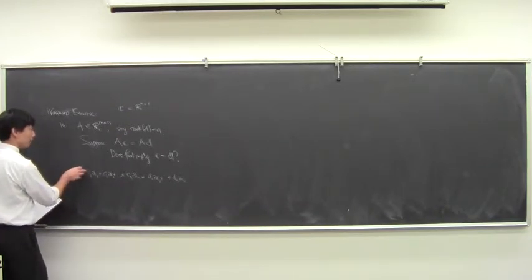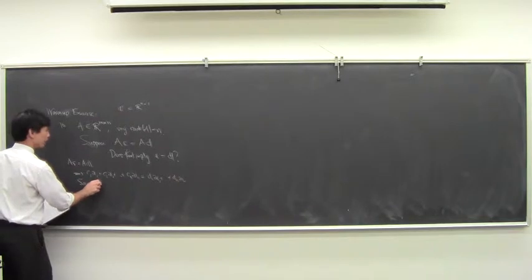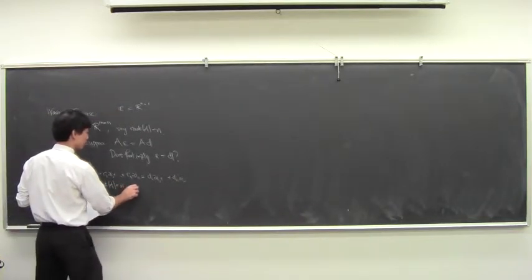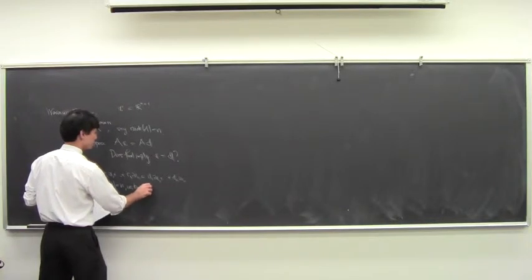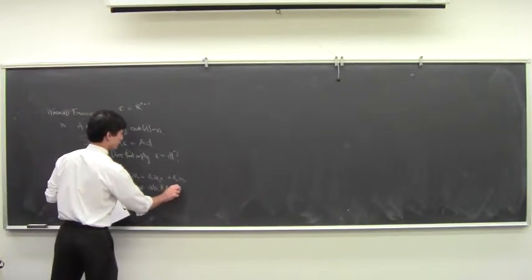You say AC equals AD. That tells us this. Since the rank is n, we know that the columns of A are independent.